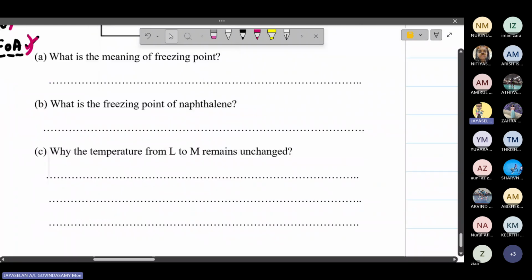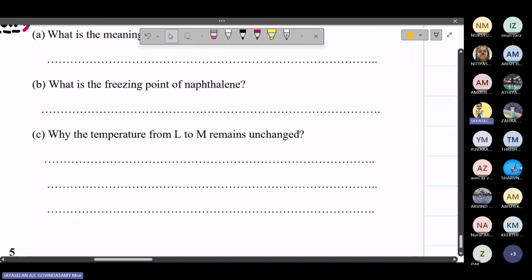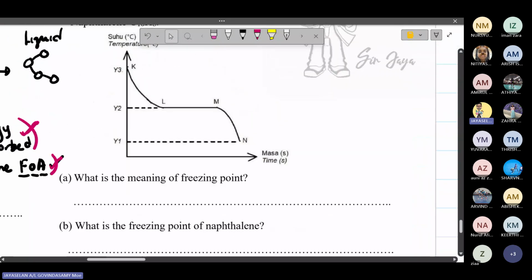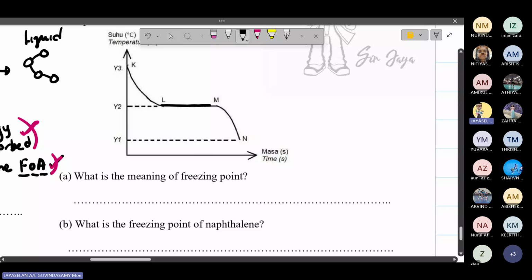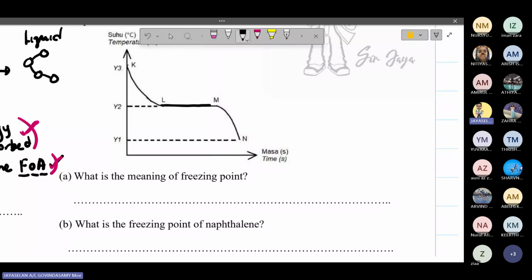Okay, freezing point. This question is 2 marks. Why does the temperature remain unchanged from L to M? Yeah, this one you can memorize now. Why does the temperature remain unchanged? So this one you have to memorize again.